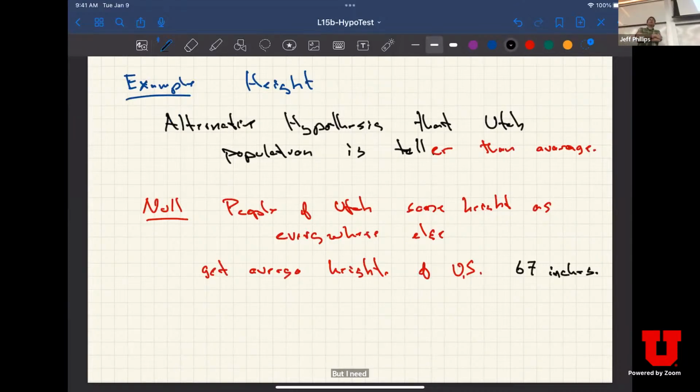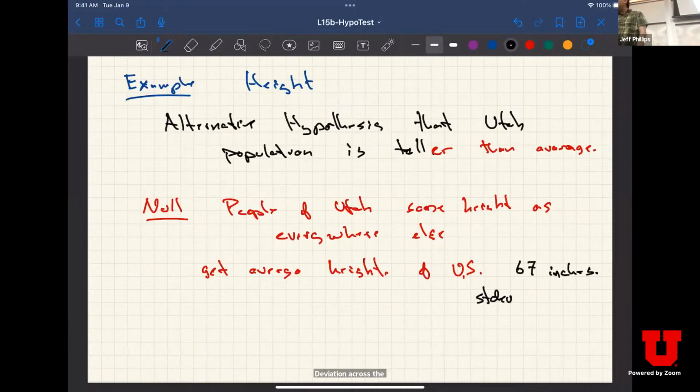Okay, but I need a probability distribution. How would I model this as a probability distribution? Yeah, so maybe I would say like this. I can look up the standard deviation across the US as well.